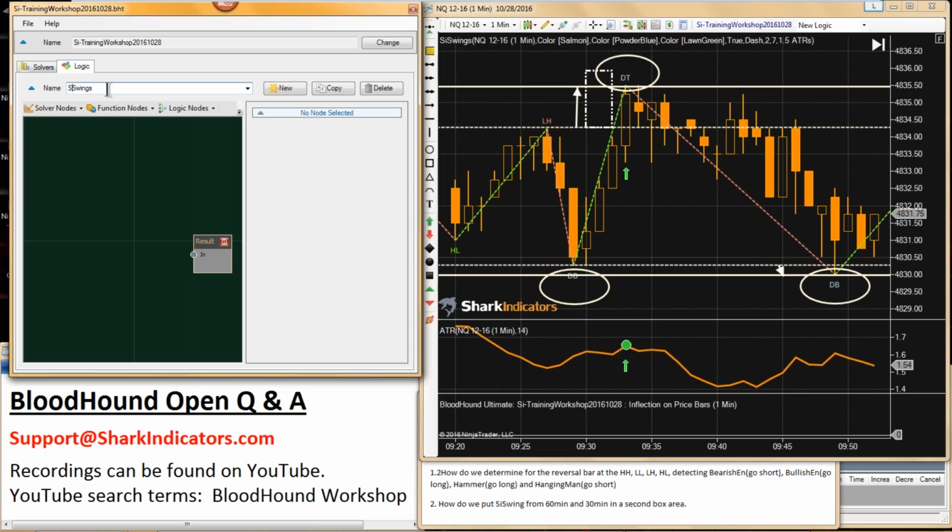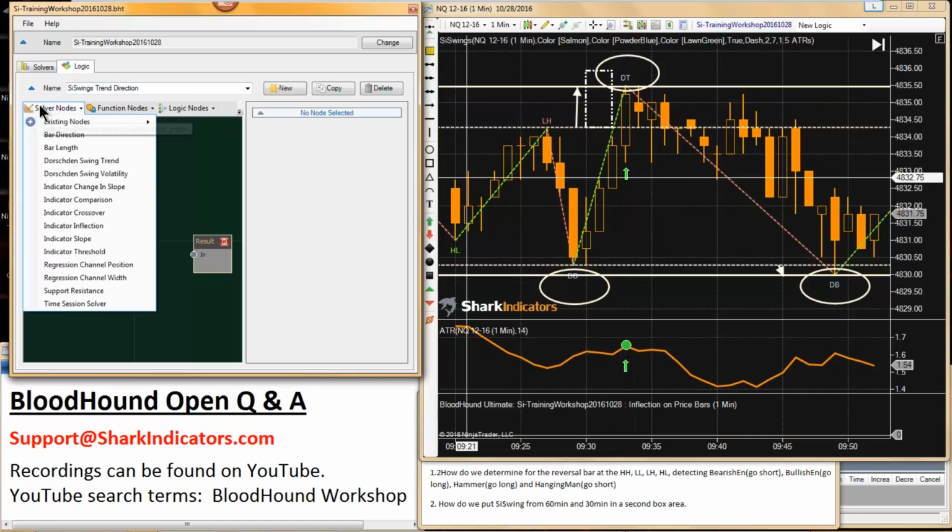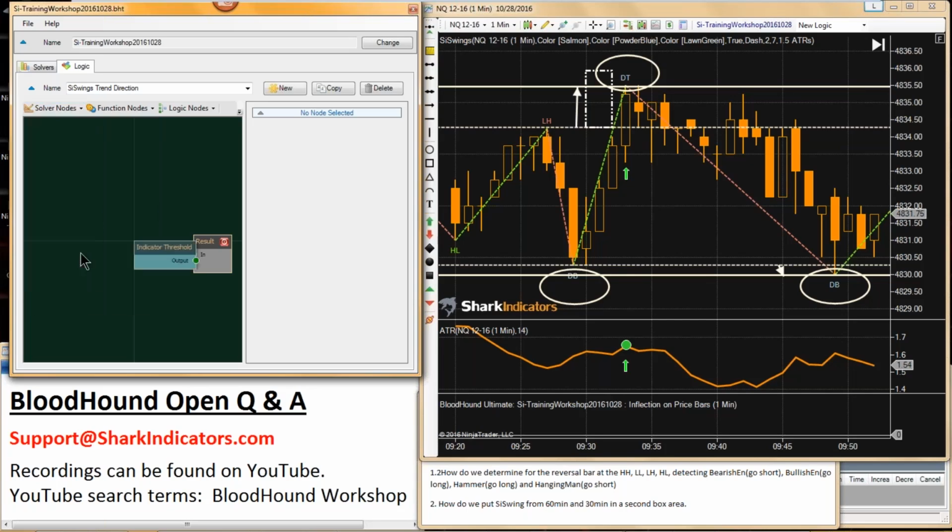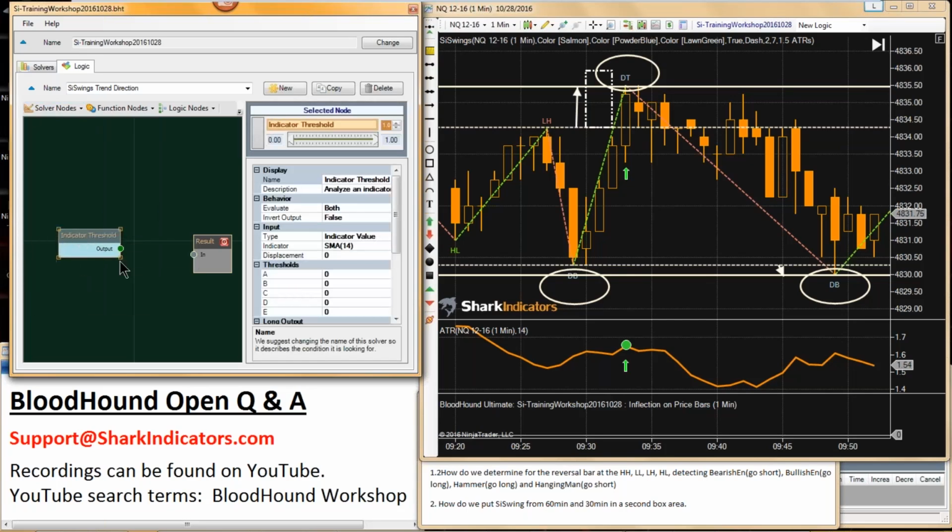Swings trend direction. All right, so if you're trying to get data out of the swings indicator, you'll need to use the threshold solver to do that.